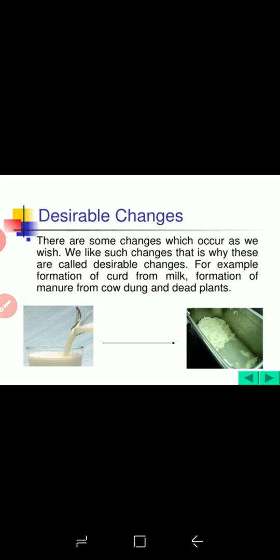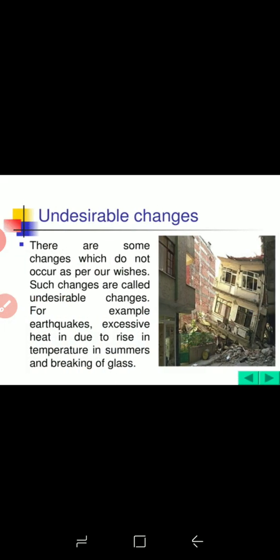If you want to turn the milk into curd, you can do it. This formation happens because of your wish. So all are desirable changes.